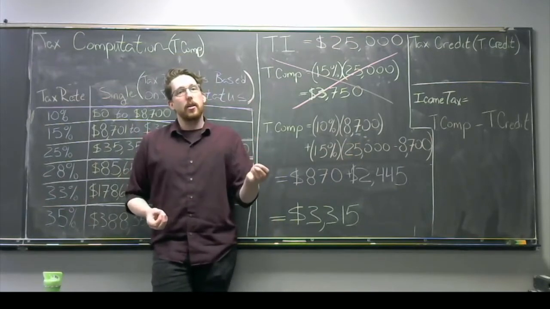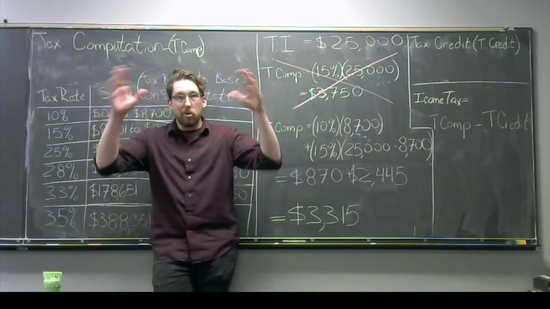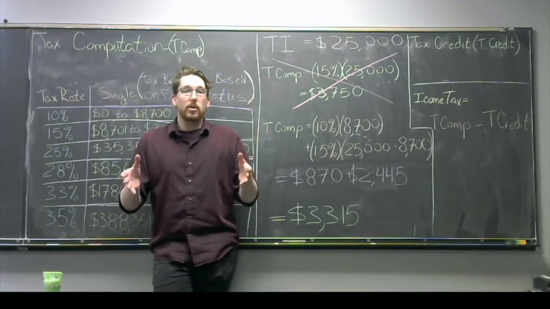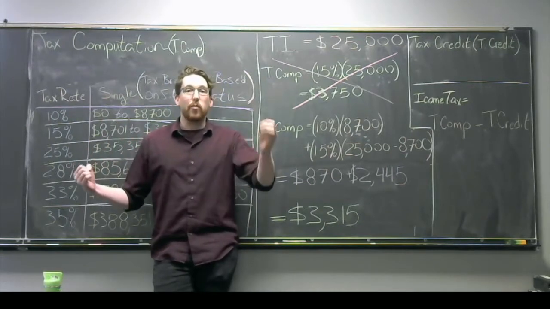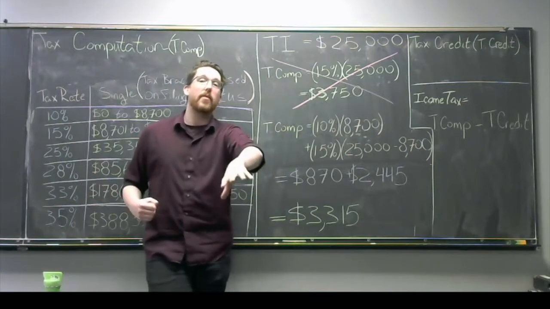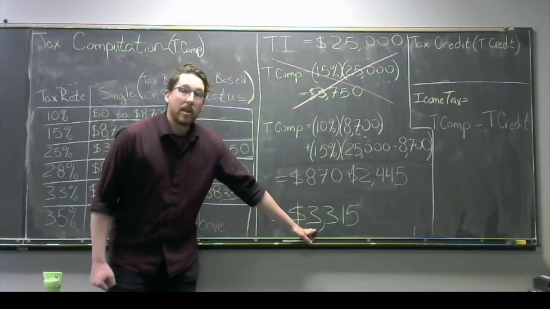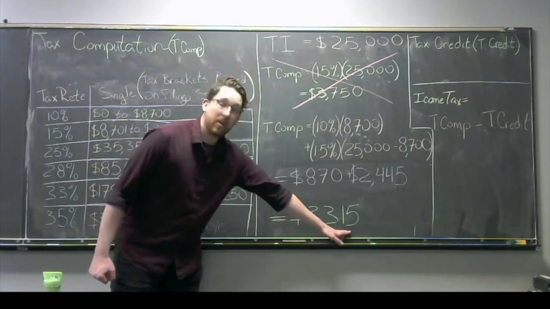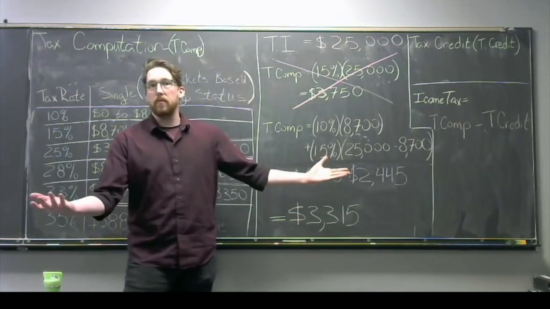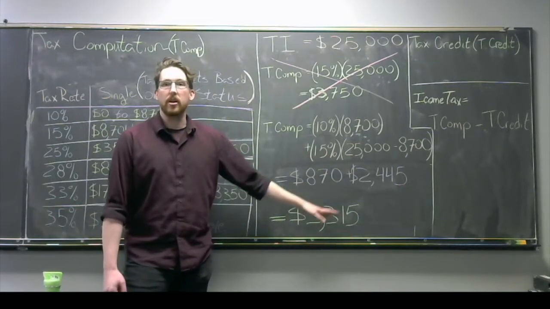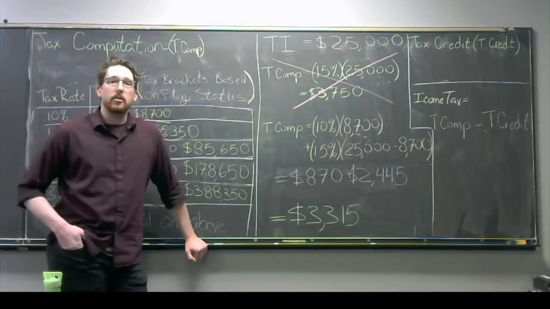It's a credit that the government gives you to say, hey, of your tax computation, this is the quantity that you can take off, dollar for dollar. So if you were to have a $500 tax credit, instead of paying $3,315, you would pay $500 less. Pretty straightforward. So $2,815. That's all a tax credit is.